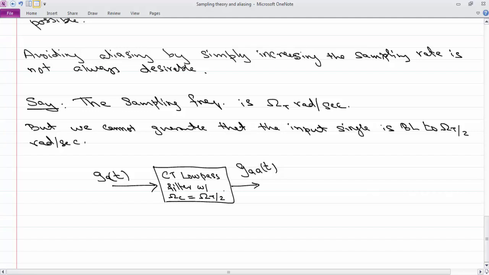So we already saw a notion of a low pass filter with a cutoff of omega T by 2. That came up in the discussion of the reconstruction filter, which takes your samples and converts them into a continuous time signal, and that also has a cutoff of omega T by 2.